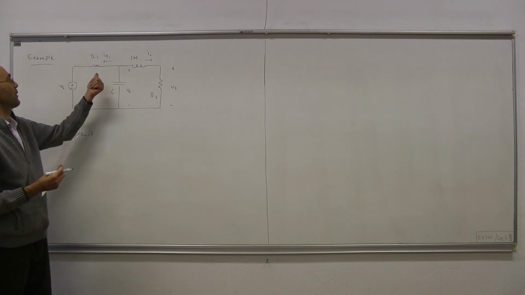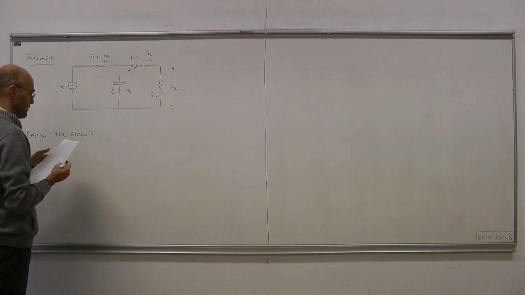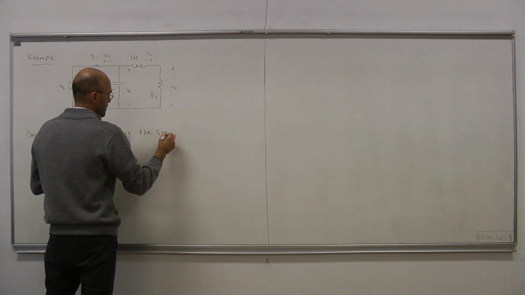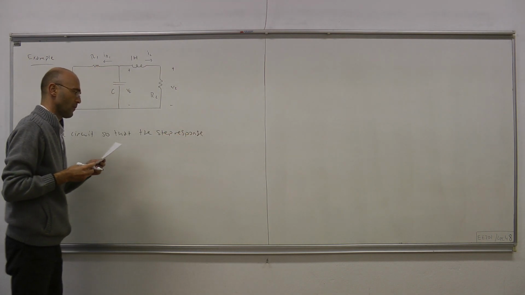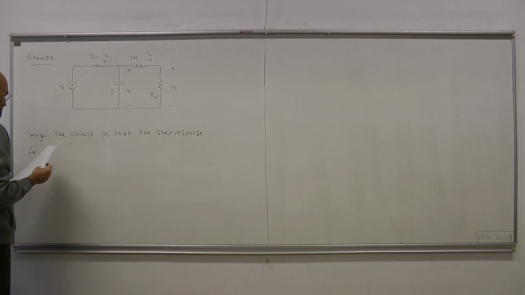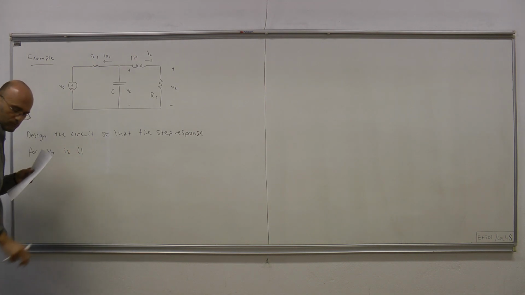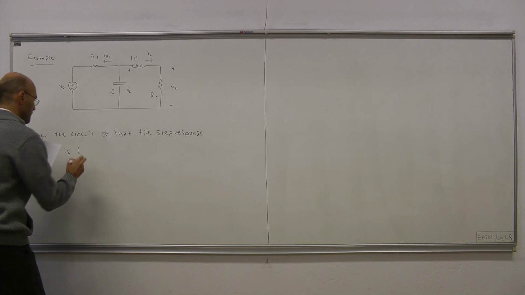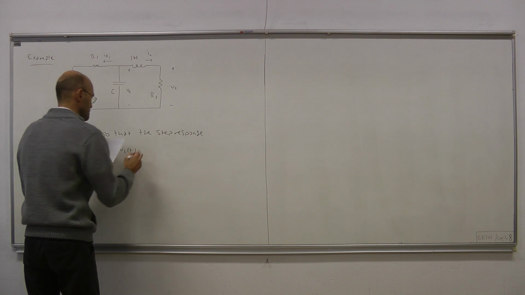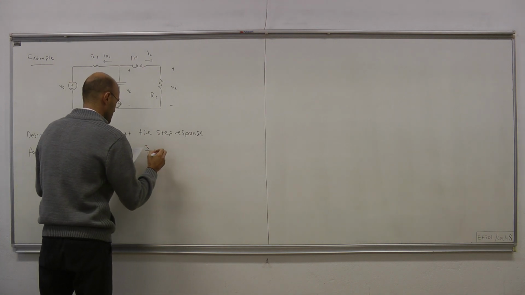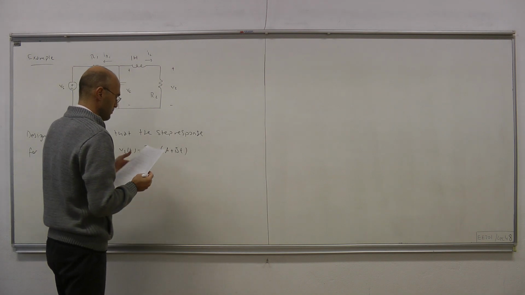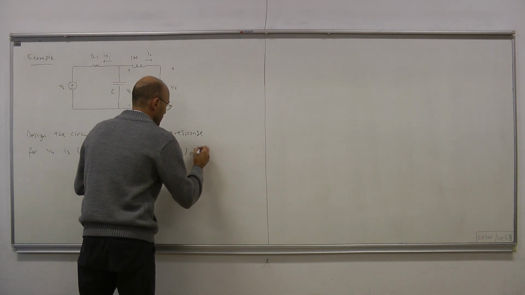Meaning that we have to figure out R1, R2, and the capacitance C, so that the step response for the output V2, voltage of the second resistor, is V2(t) equals 3/4 plus a first order polynomial where the coefficients are unknown, (a plus bt) e to the minus 4t volts.